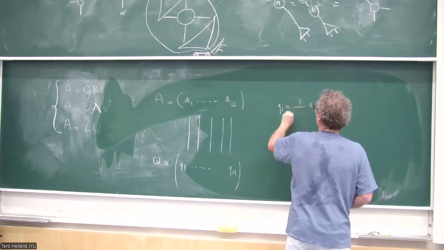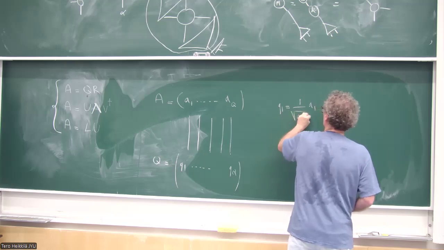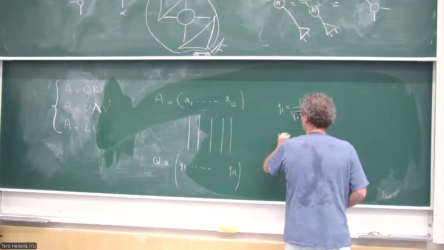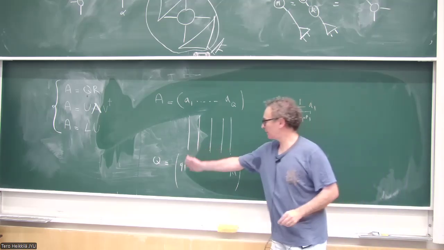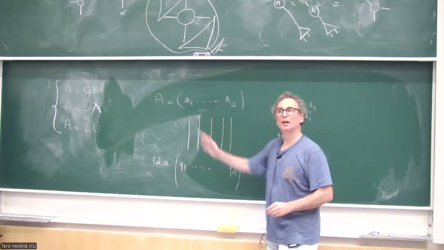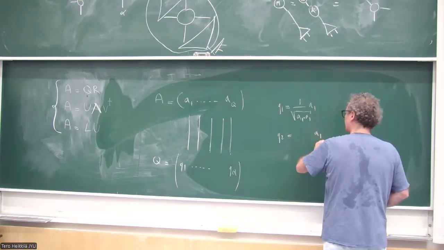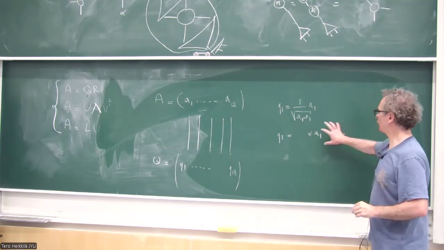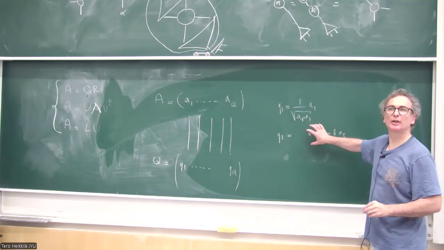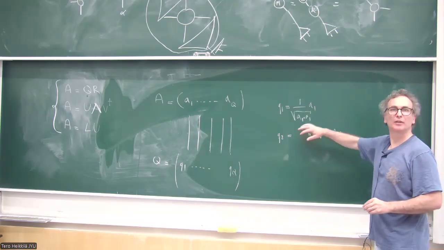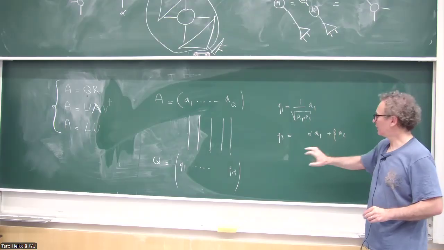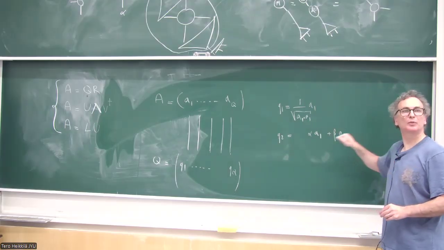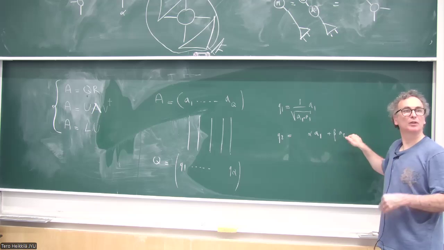So you just divide by the square root of the scalar product. And then Q2, you want it to be orthogonal, so this will be alpha A1 plus beta A2. So you just take A2, you remove the scalar product of A2 with A1 so that it's orthogonal to the previous one. Then you normalize the thing. And then for Q3, you just take A3 plus alpha A1 plus beta A2, and you just remove whatever it takes to be orthogonal, and then you normalize the thing.